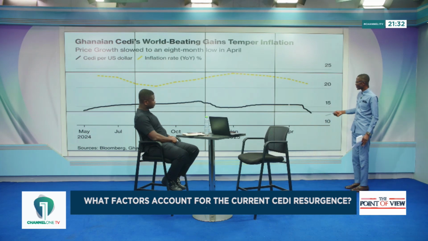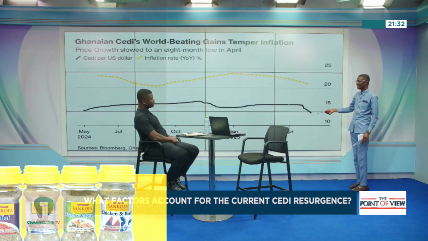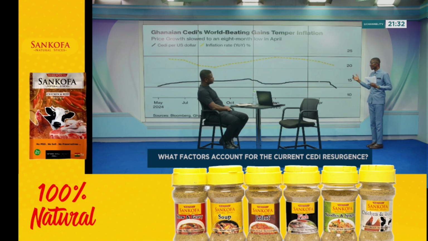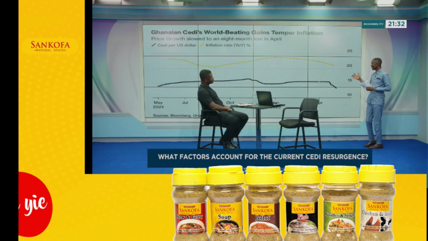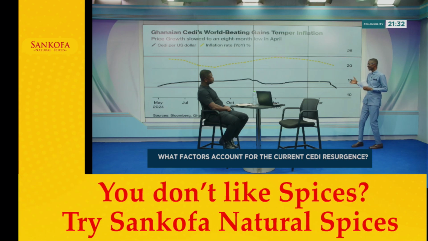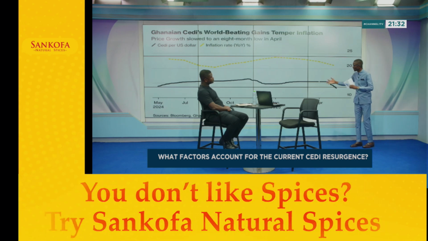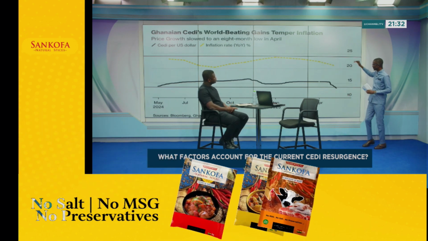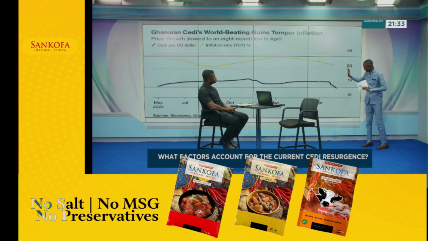Some people say that it's because some of our inflation is imported. So if you are producing goods in a country and the raw material is bought in dollars, the cheaper the dollar, the cheaper your input. And the cheaper your input, the lower your price. So there's a certain relationship between inflation and the currency, but that's not why we are here.